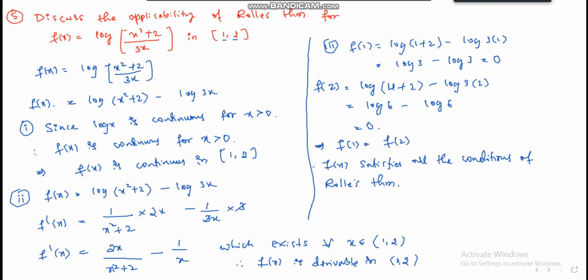So the next step is, what do we have to prove here? Write down: there exists at least one point c belongs to the open interval (1, 2) such that f dash of c is equal to 0.